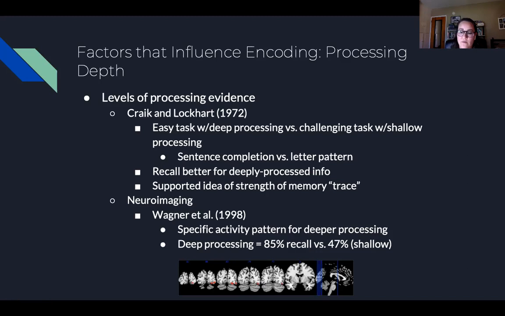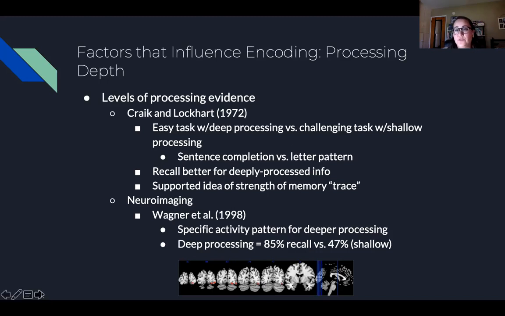In this, they found that deep processing, that is processing the meaning of stimuli, led to an 85% accurate recall rate versus just 47% for information that had been more shallowly encoded. They also found that there's a certain pattern of activity that arose for deeper processing.